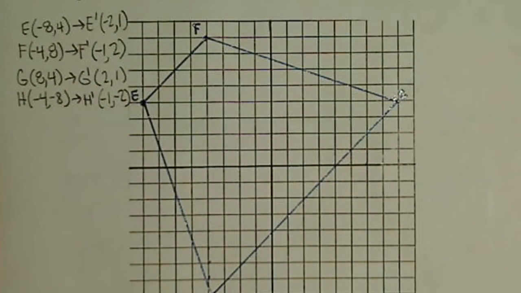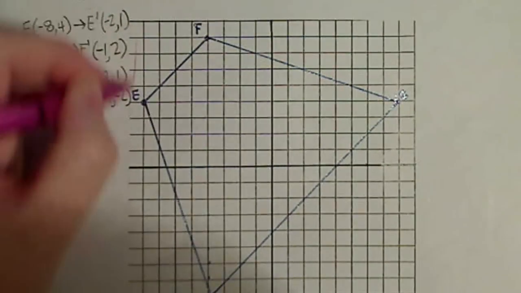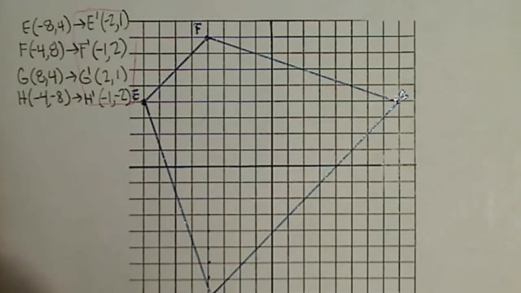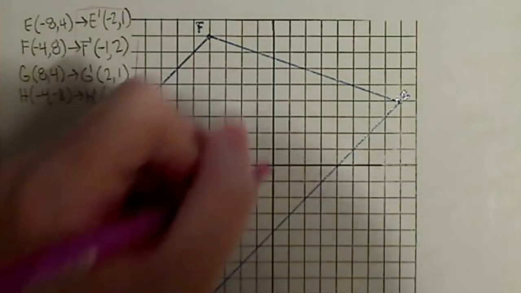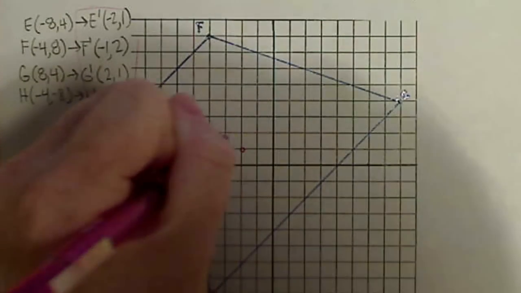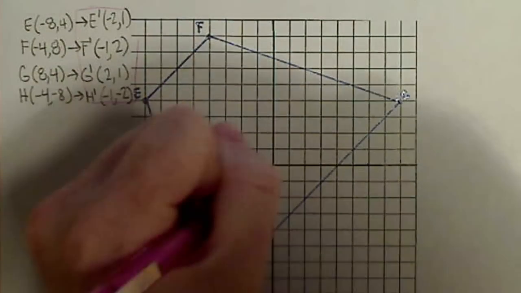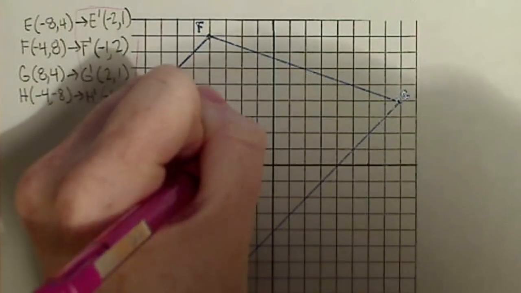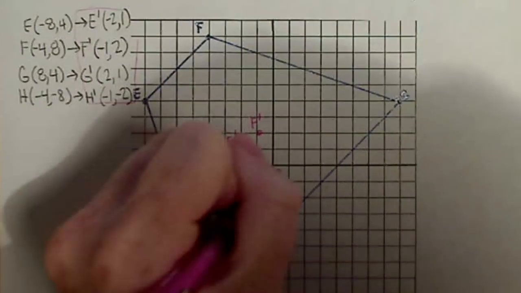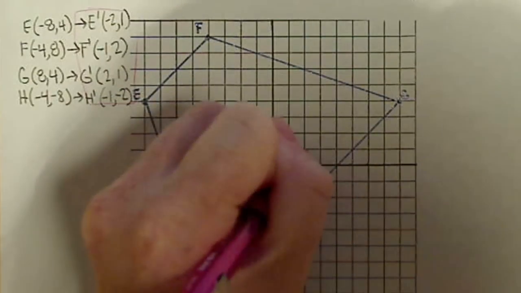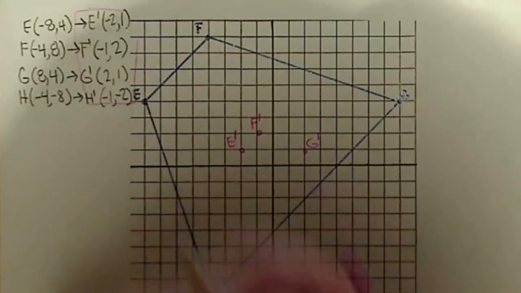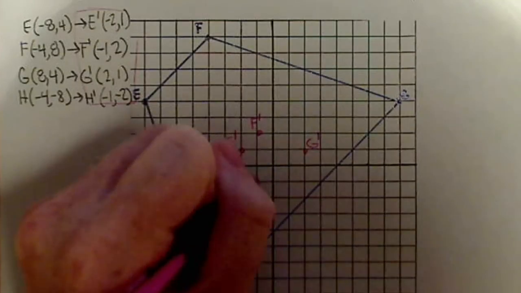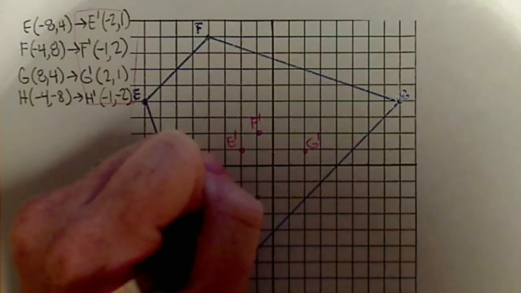So I'm going to use pink this time, a different color, to label these points right here, my dilated image. So I've got (-2, 1). I've got (-1, 2). I've got (2, 1). And I've got (-1, -2).